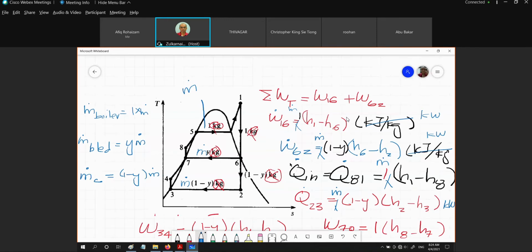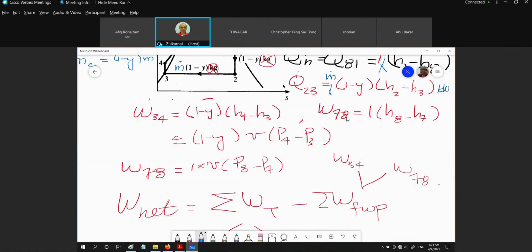For the feed water pump, just multiply by m dot. Then we get here W dot in kilowatt. This is m dot, it is in kilowatt. This is m dot, this is in kilowatt. So this is how you get, in terms of kilowatt, the rate of heat and work involved in this type of cycle.